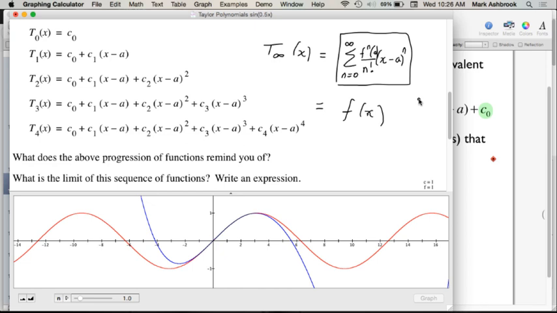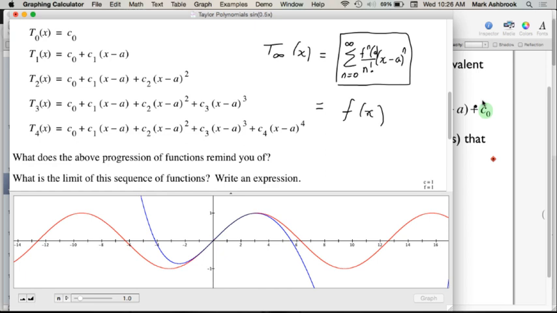So what is this? This is like the Taylor polynomial with all the terms, with an infinite number of terms. And so this is like the sum of the series, or the limit of that sequence of Taylor polynomials. You just keep adding terms. You just keep taking higher and higher derivatives and adding terms with higher and higher power. Okay?